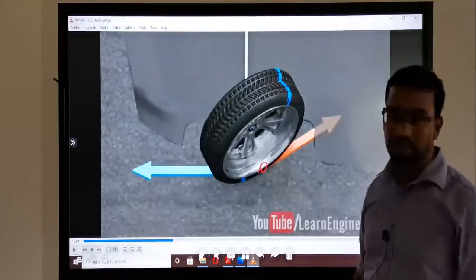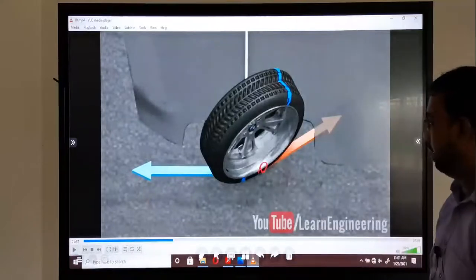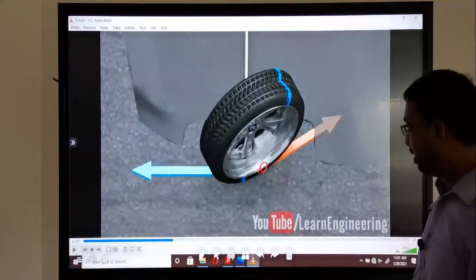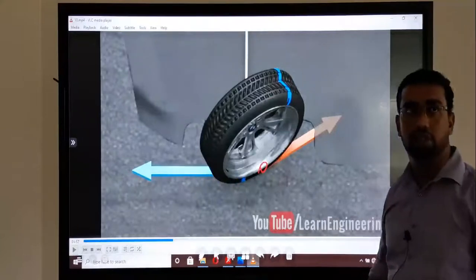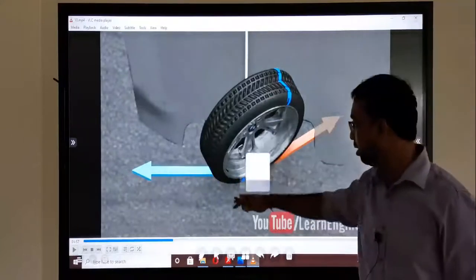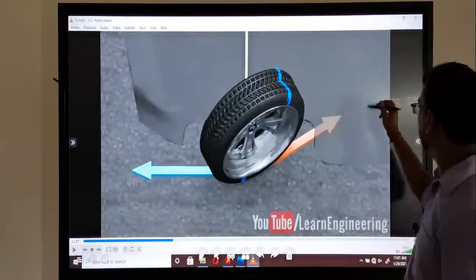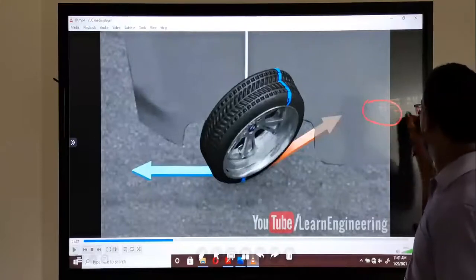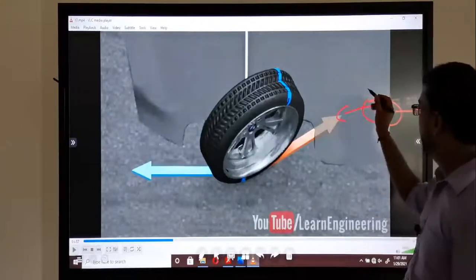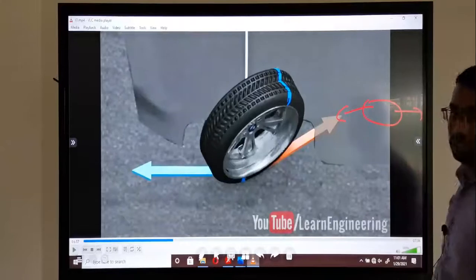This contact point velocity is not zero. In the normal conditions, when the wheel is like this, both are balanced, the translational velocity and the rotational velocity.